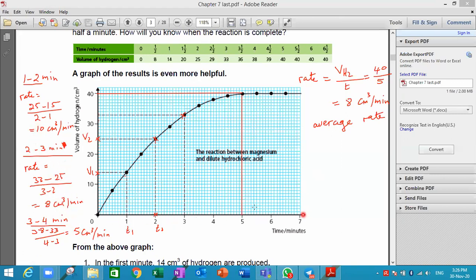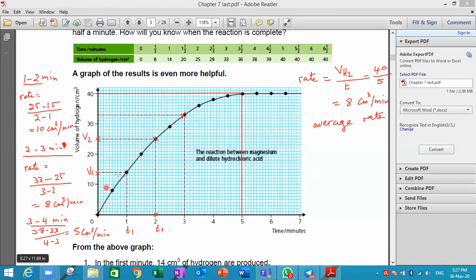If you measure the rate from minute 0 to minute 1, it will be about 14 centimeter cube per minute, from V1 minus 0 divided by T1 minus 0.